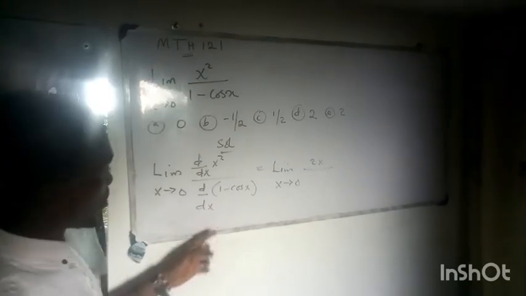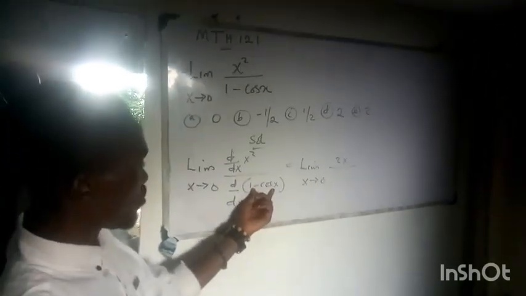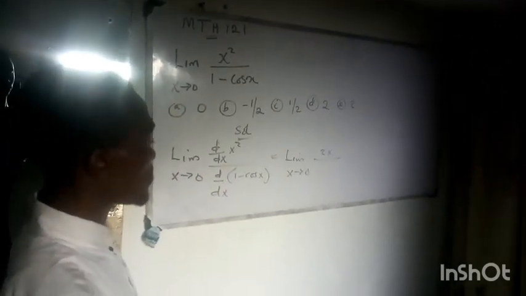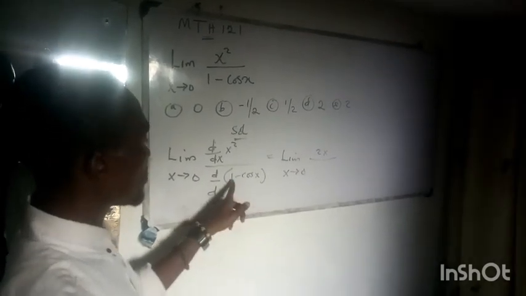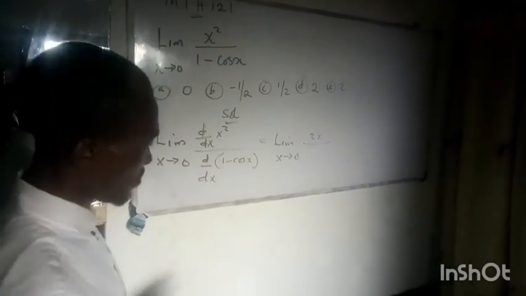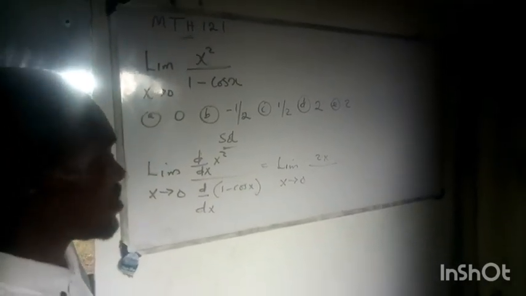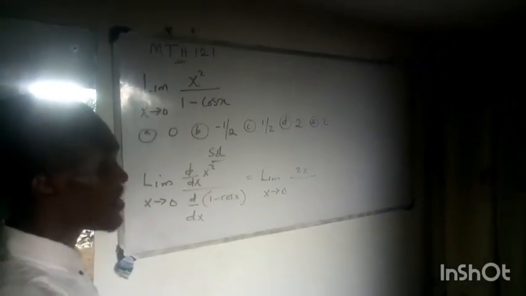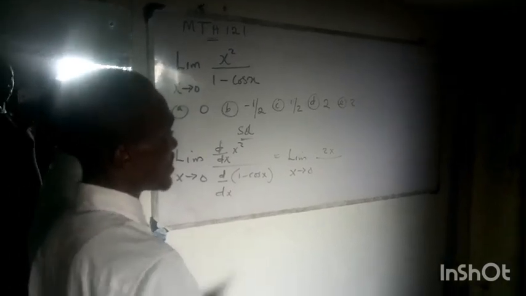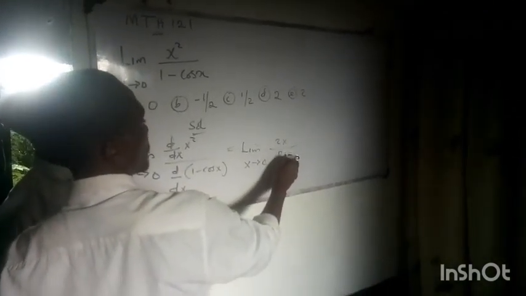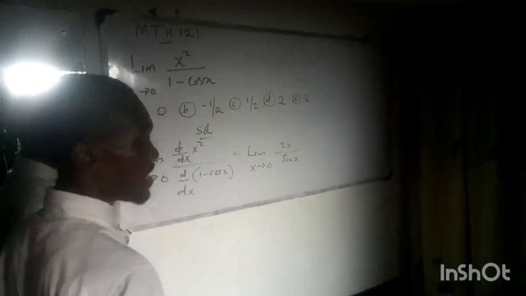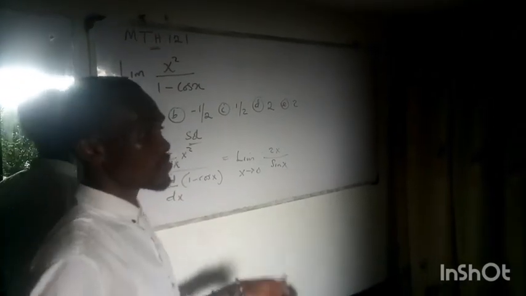The denominator is an expression with 2 terms, so differentiate it term by term. The differentiation of 1 is 0, it's a constant, and the differentiation of cos x is minus sine x. Then the minus multiplied by this minus gives us sine x.